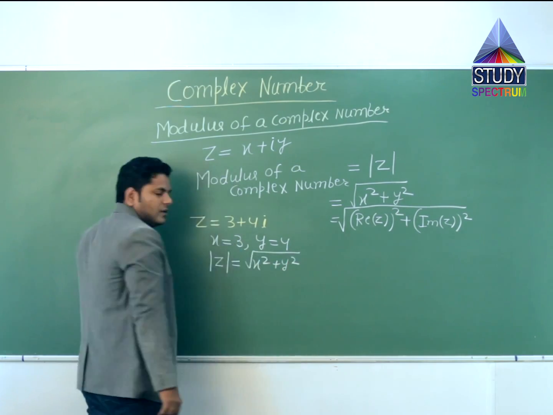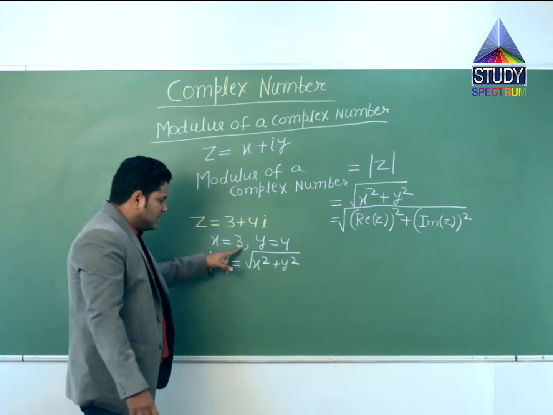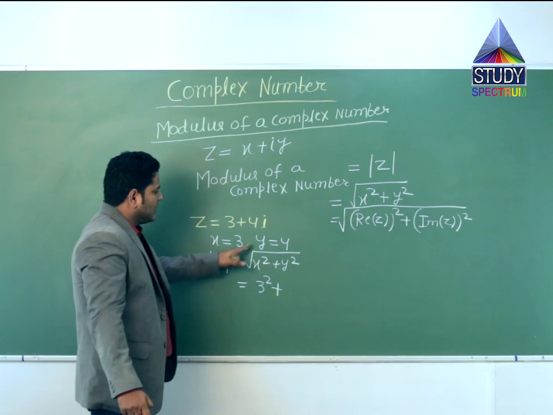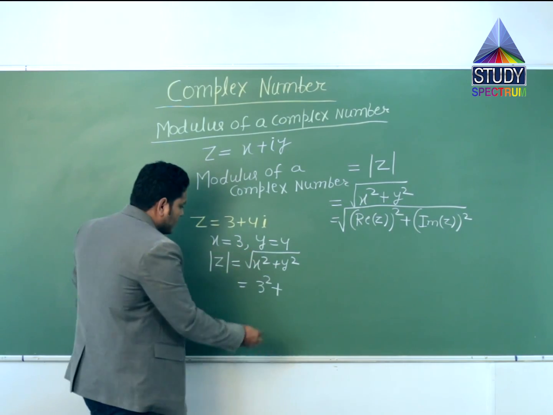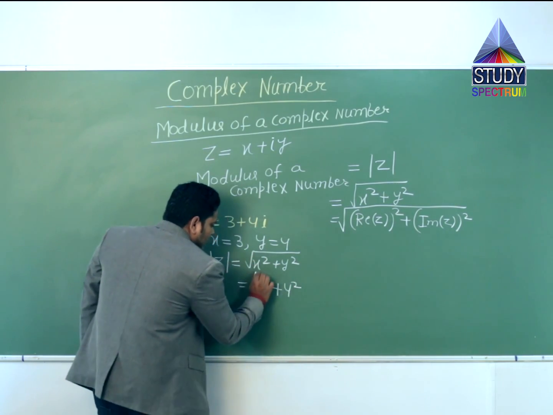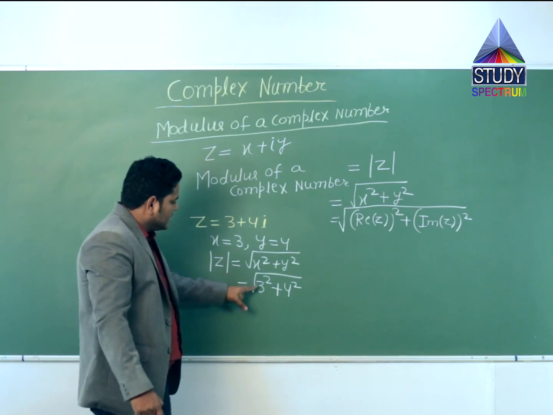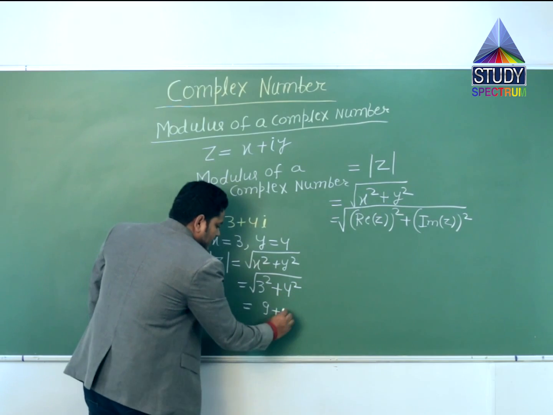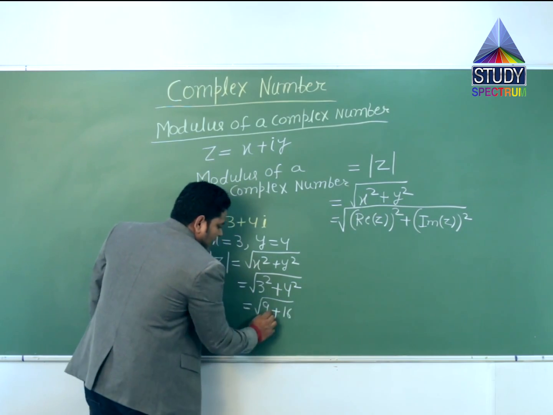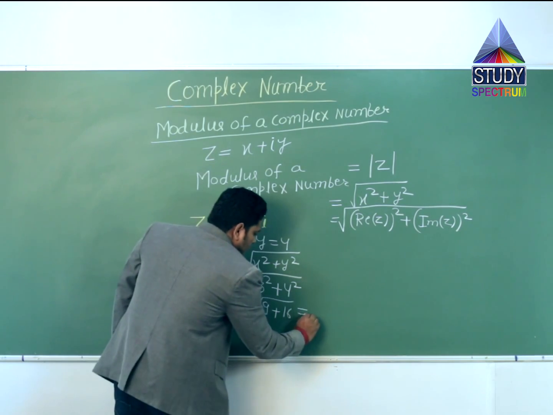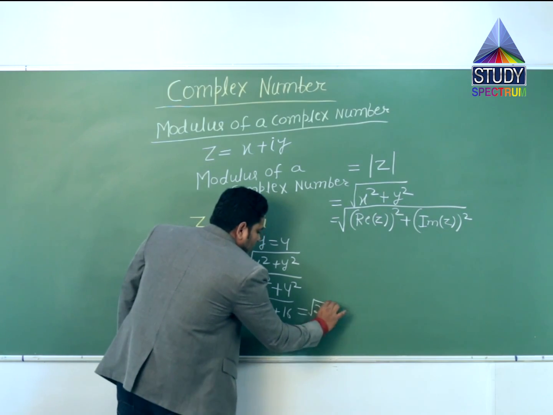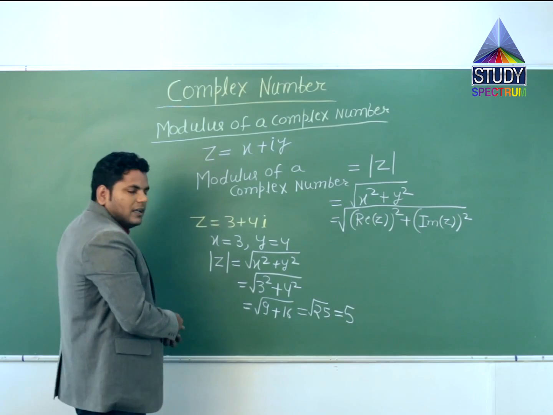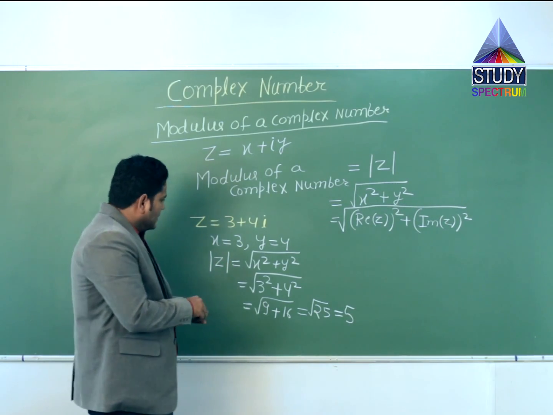At the place of x we have 3, so we write 3 square plus, at the place of y we have 4, so 4 square, all under root. 3 square is 9 plus 4 square is 16, so 9 plus 16 is 25, root under, and the square root of 25 is 5.